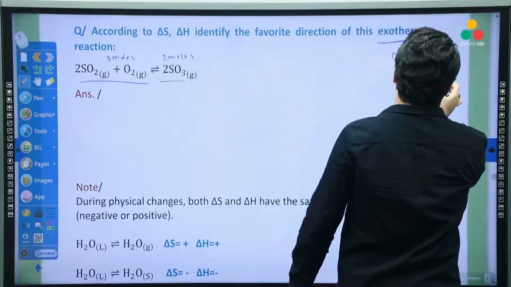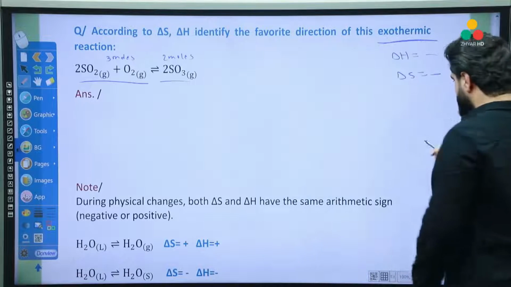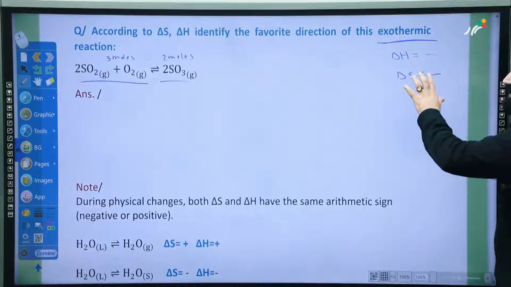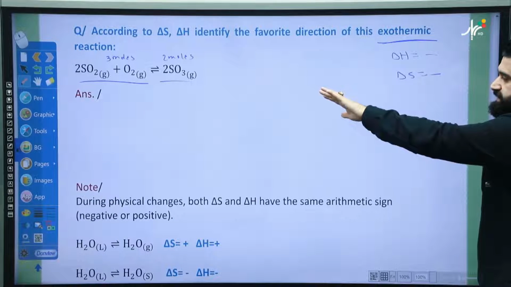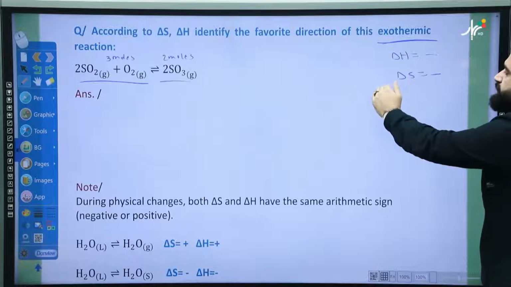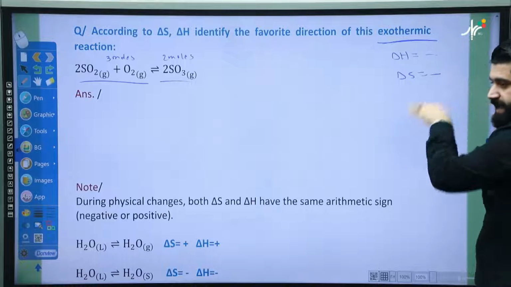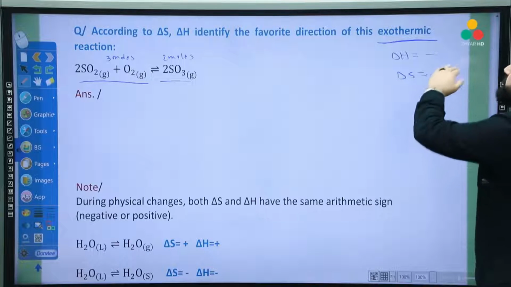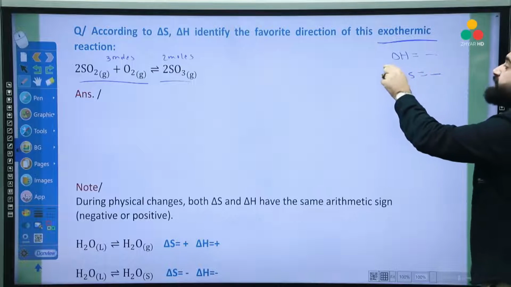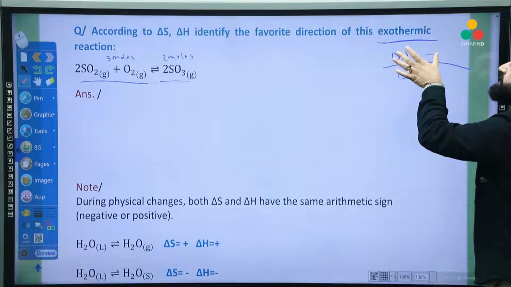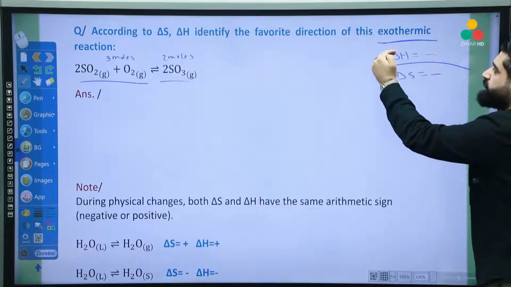And now, look, for a reaction, if delta S is negative, it will be reverse. If delta S is positive, it will be forward. I have told you. But according to enthalpy, if enthalpy is negative, it will be forward.